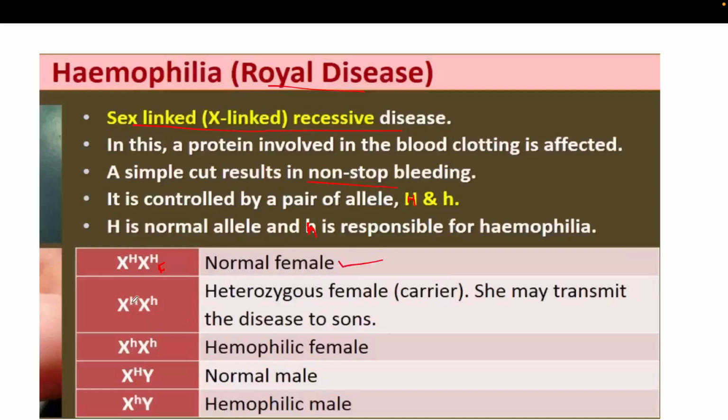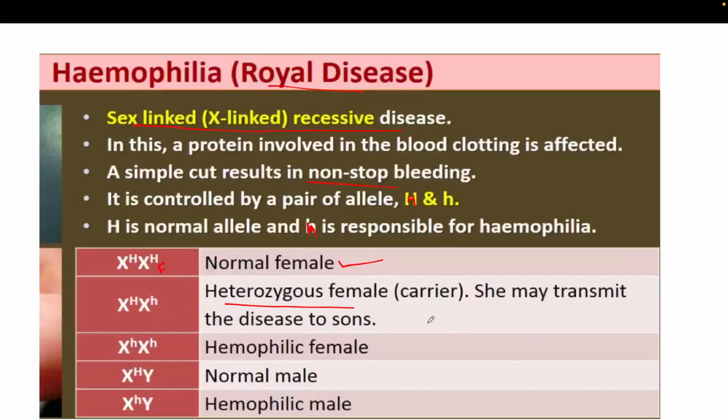And if capital H is present in one locus and small h in the other, it means the female parent is heterozygous in nature, or we can say she is a carrier, because she is carrying one hemophilic gene, and once it meets another hemophilic gene, then it will show the symptoms. So she may transmit the disease to the son.